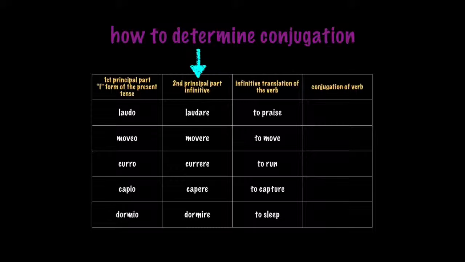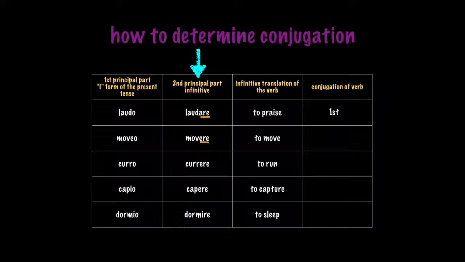They're the ones we remove to get the base. But before you remove them and get the base, take a look at how they are spelled. The spelling of the infinitive ending is what will identify conjugation. If the infinitive ending is ARE, the verb belongs to first conjugation.